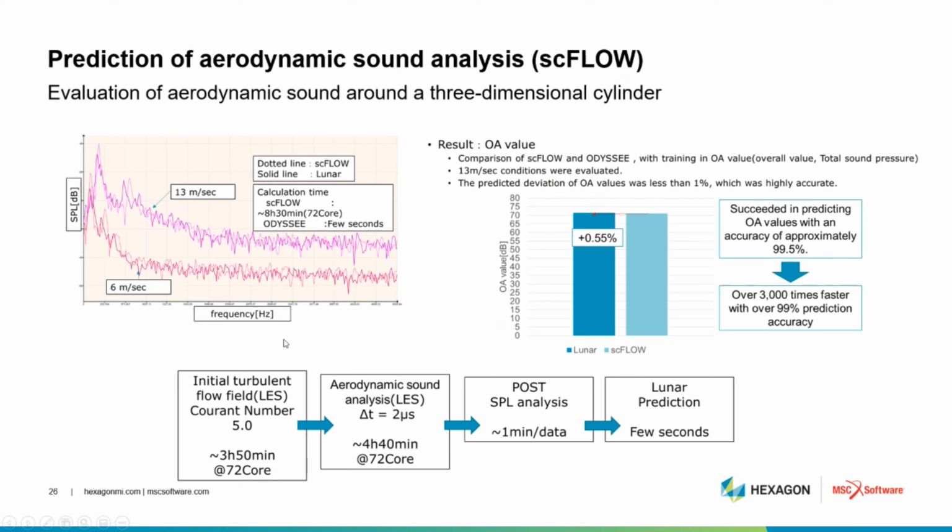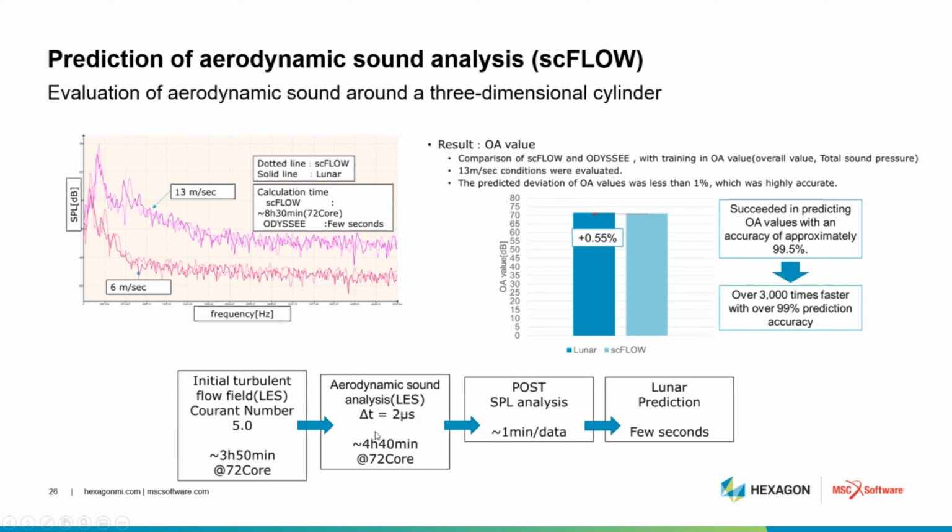The most important part here is that for a CFD case, the initial turbulent flow field when you are using the LES method with current number 5 takes 3 hours and 50 minutes with 72 cores. Sound analysis takes 4 hours and 40 minutes with 72 cores. And post-processing takes 1 minute per data.